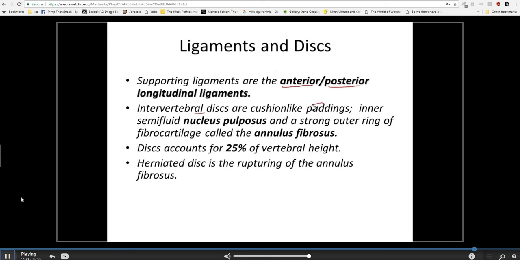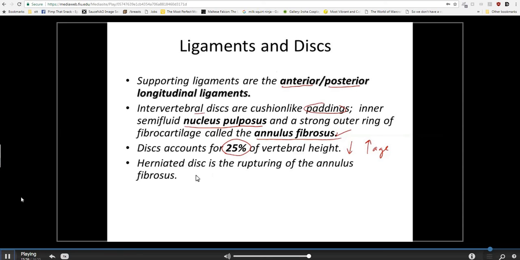The inner core of that intervertebral disc is a pulp, and there is an outer ring of fibrous connective tissue known as the annulus fibrosus. Now, keep in mind that the disc accounts for 25% of your height, and this will obviously diminish as you go up in age. And the herniated disc is the rupturing of the annulus fibrosus.